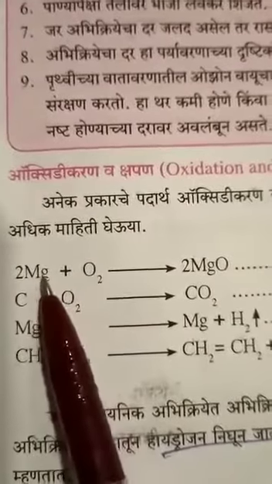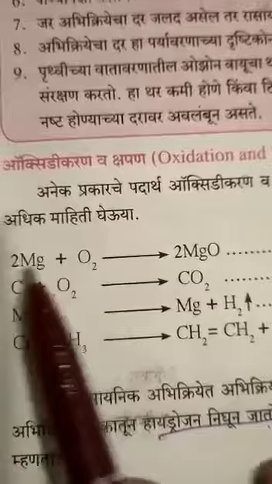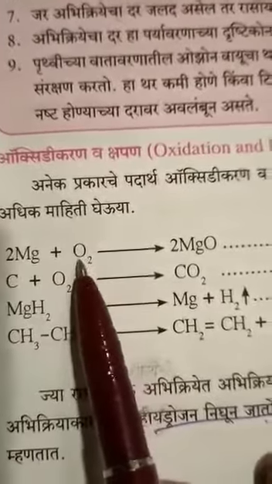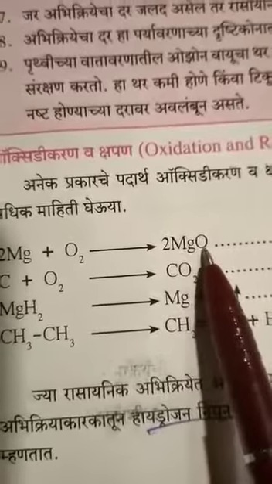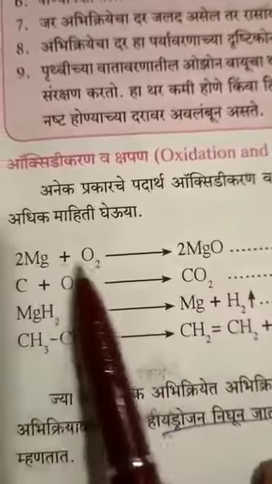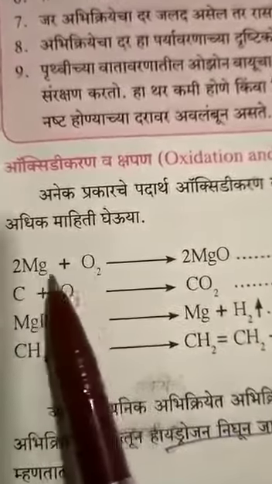Reduction process. Now I am going to show you reactions of oxidation and reduction. Here in this reaction there is magnesium and oxygen. This magnesium reacts with this oxygen and we get magnesium oxide. Okay, and here no hydrogen is present in this reaction.